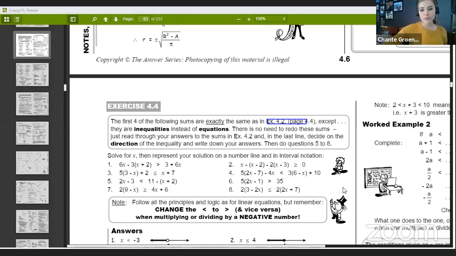Here's a nice little reminder for all of us: whenever you multiply with a negative or divide with a negative, you change your sign. You change from bigger-than to smaller-than, or smaller-than to bigger-than. Not a big problem, just a small trick. So first of all, it stays exactly the same. There's just one trick. And remember, whenever you divide or multiply with a negative, you change it to the other side.